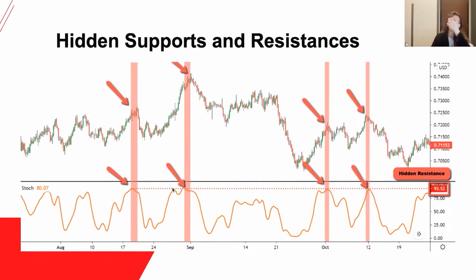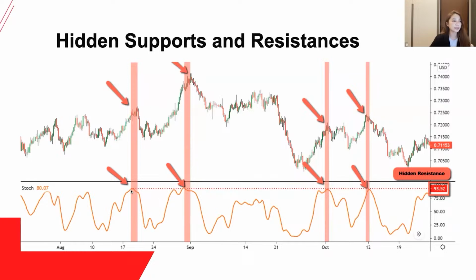So if you stop yourself or let go of your buy at the price where it hits 80 in the range, that would be ignoring hidden resistance like 93.52, and it would cut short the profit you could have possibly made.